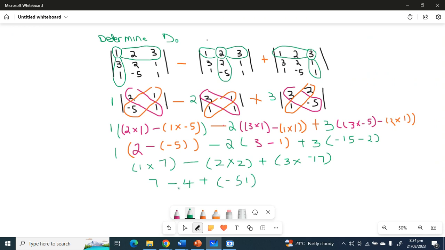So in your calculator, put 7 minus 4 minus 51, because positive and negative make negative. So it becomes 7 minus 4 minus 51.